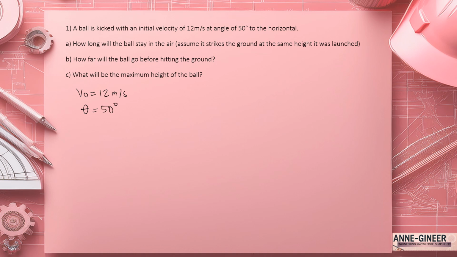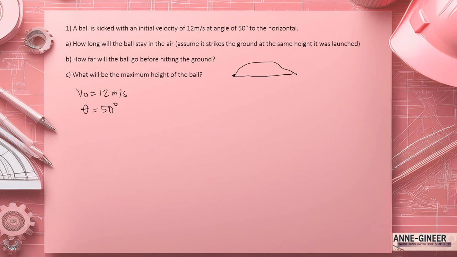How long will the ball stay in the air, assuming it strikes the ground at the same height as it was launched? While reading the problem, we can actually know that this is a case 1 projectile. So it looks like this.